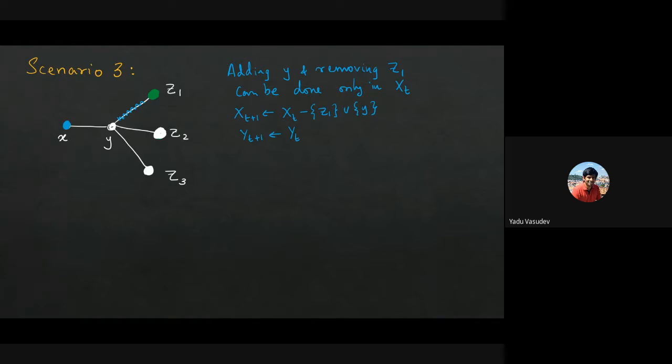So the symmetric difference will increase by 2, because yt contains z1, which has been removed from xt, and y is not present in yt, and x is present in yt. So the symmetric difference will increase by 2 if you use the edge y z1.